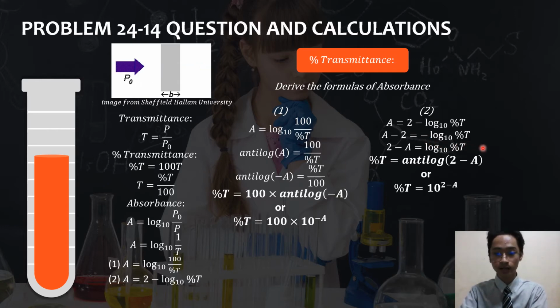On the right side, we get 2 minus A is equal to log of percent T. From here, we get the second formula for percent T, which is percent T equals anti-log of 2 minus A, or percent T equals 10 raised to 2 minus A. So we now have the two formulas that we will be using for calculating the percent transmittance with the given absorbance values.